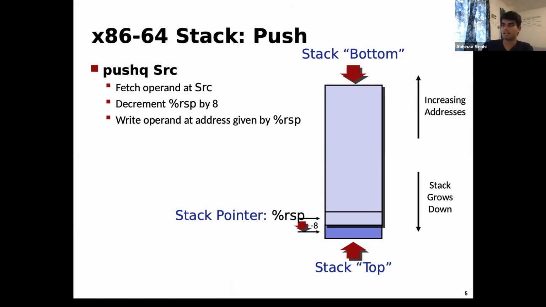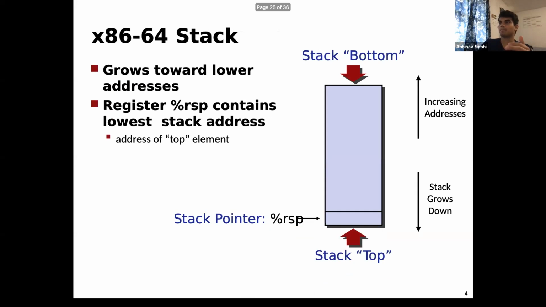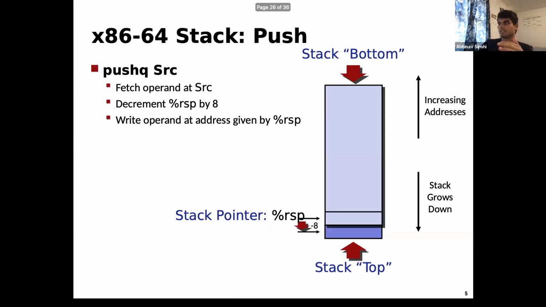And in order to do that, we take RSP and move it down by 8. And so RSP, instead of pointing over here, now points here to this new location. And the reason we're decreasing is because it grows down. Remember, the stack grows toward lower addresses. So going down creates more stack.